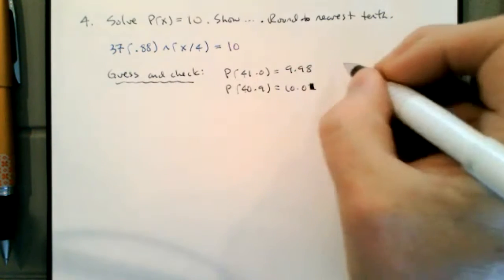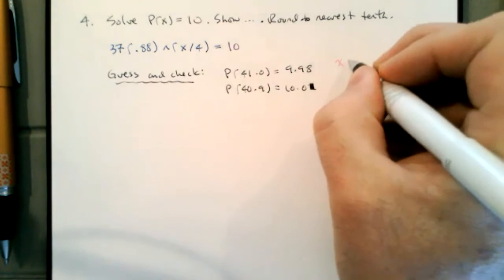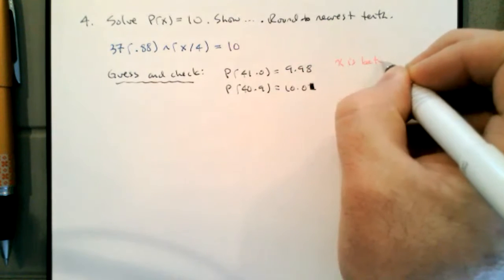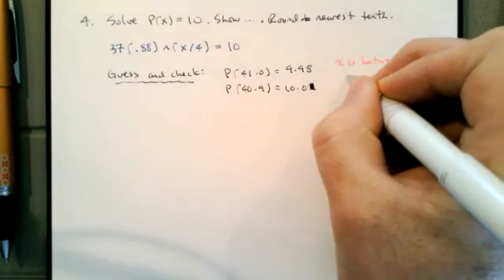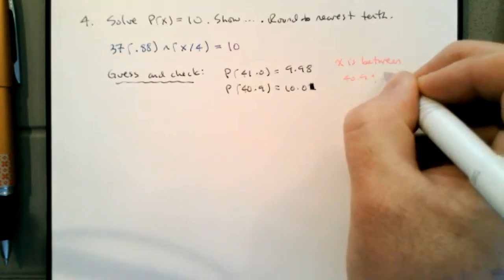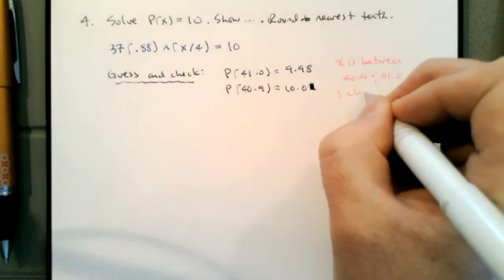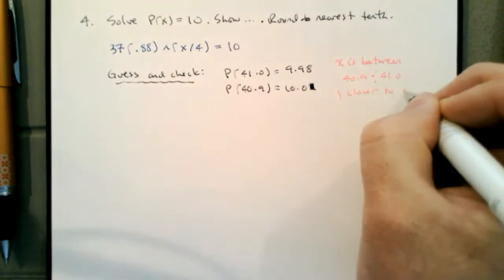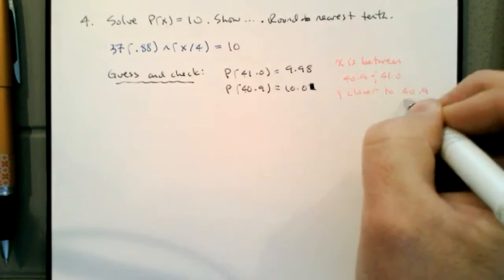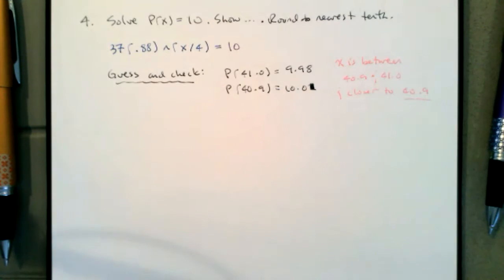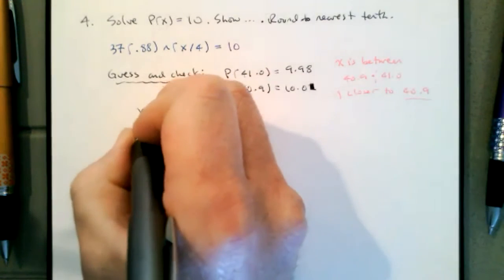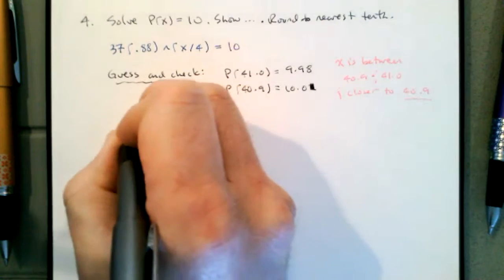So this tells us that X is between 40.9 and 41.0 and closer to the 40.9. So we'll declare that the winner. X equals 40.9.